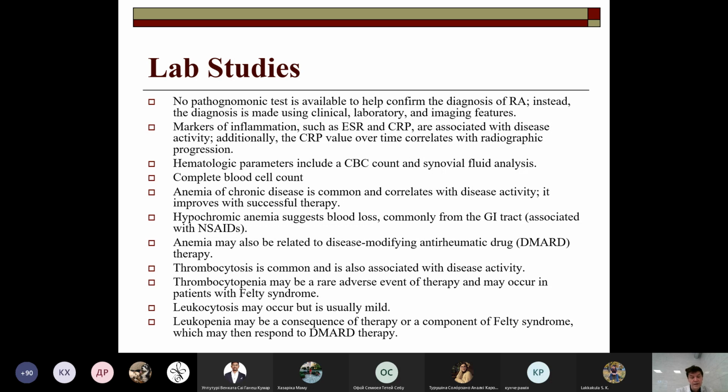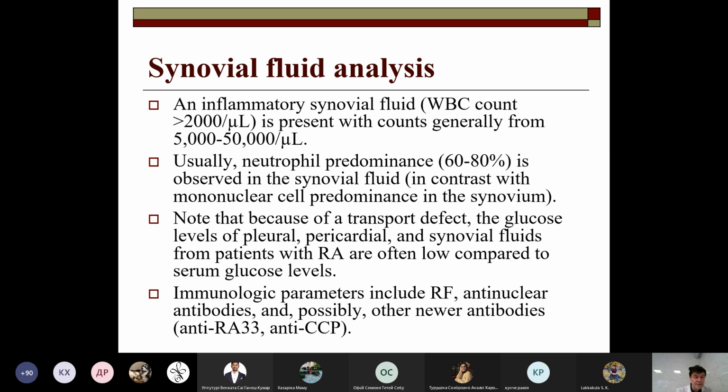Leukocytosis and leukopenia can be seen, but leukocytosis may occur only in unusual and severe activity, usually mild activity. Leukopenia may be a consequence of Felty syndrome, and frequently DMARD therapies, especially very aggressive DMARD therapy, can lead to leukopenia and neutropenia, associated with a high risk of bacterial complications in these patients.